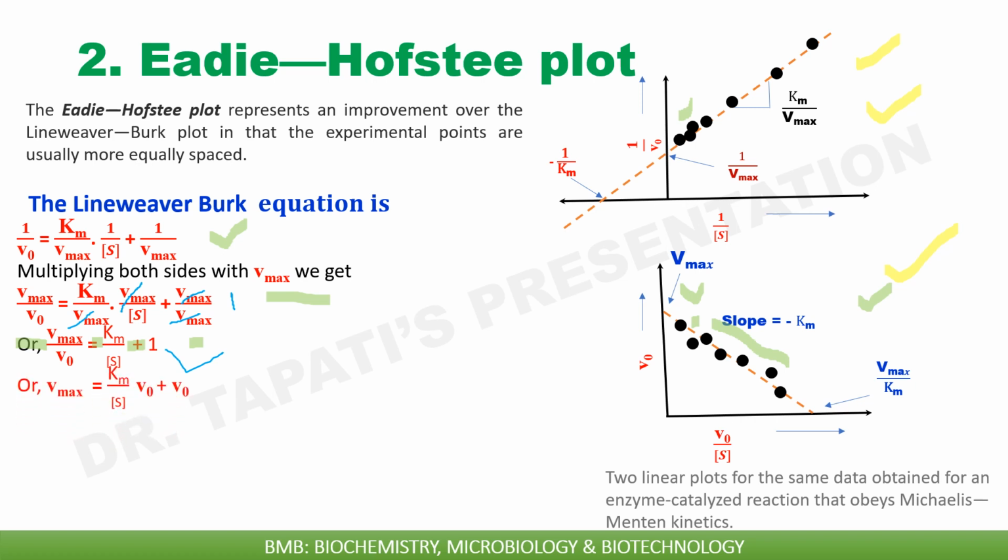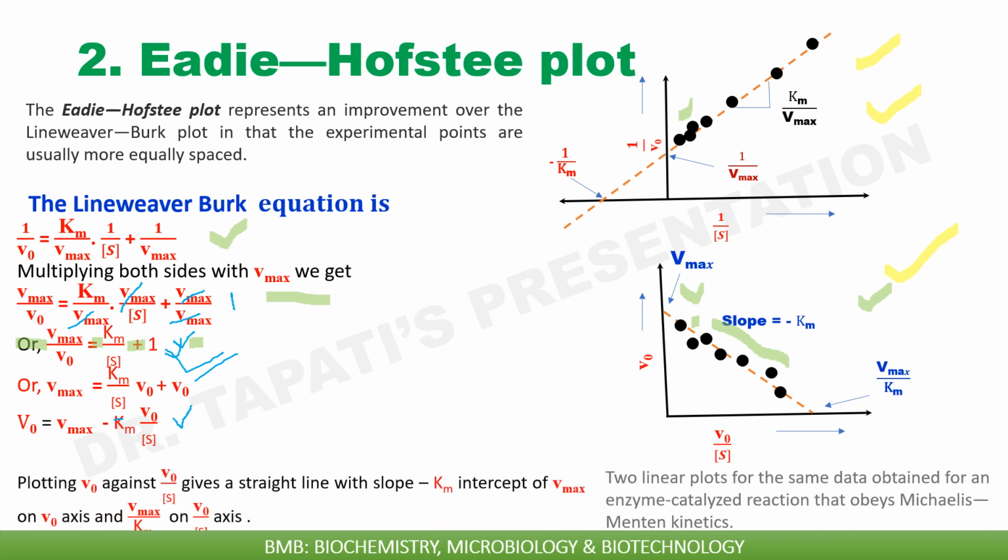Or we can write it as Vmax is equal to Km by substrate concentration into V0 plus V0, as V0 is multiplied on the right hand side. So we are getting this equation, or we can write V0 is equal to Vmax minus Km into V0 by substrate concentration.